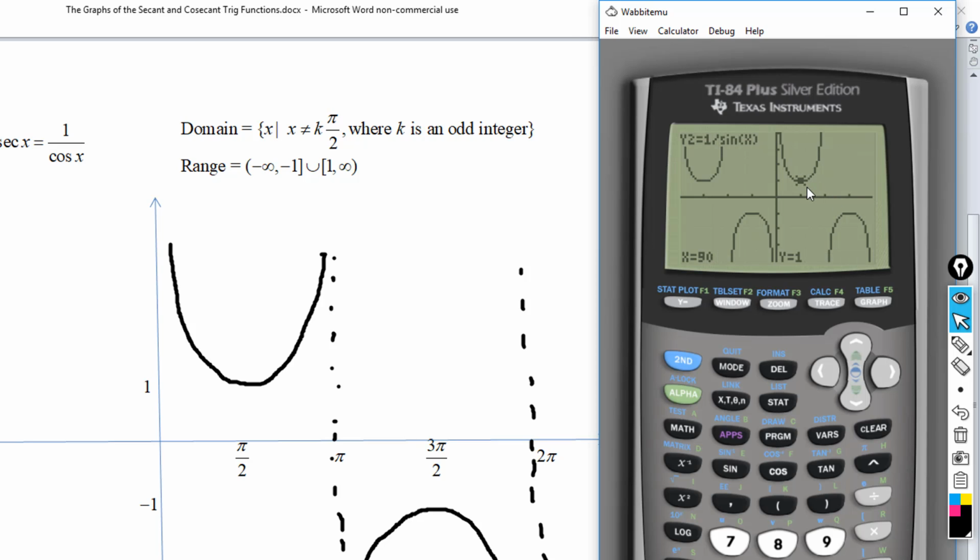notice then at 90 degrees, which corresponds to pi over 2, the y value is 1, so that would be this point right here. Keep going here.